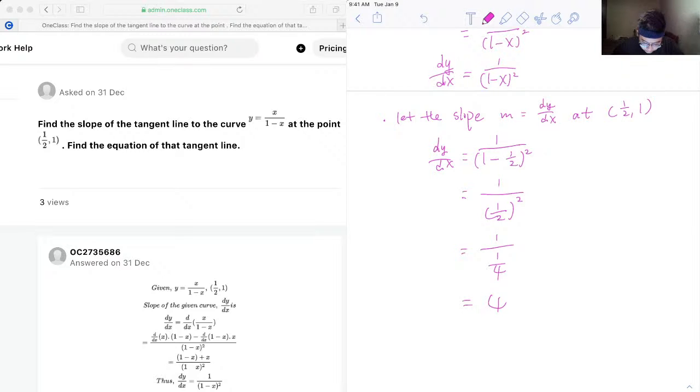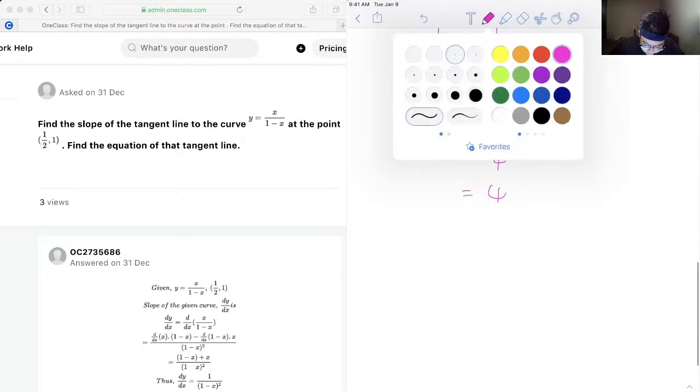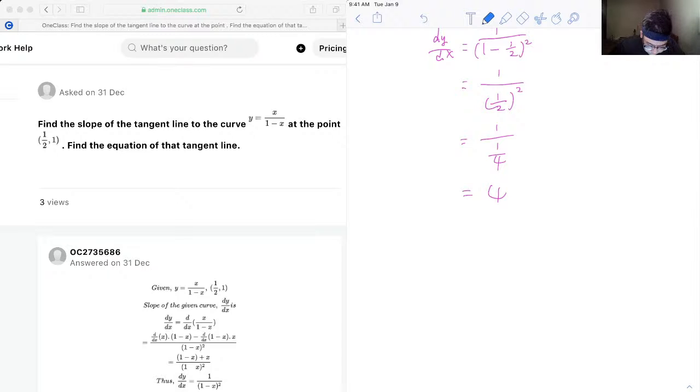Now we can write the conclusion for the slope.